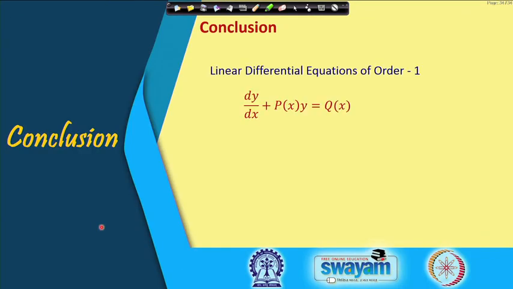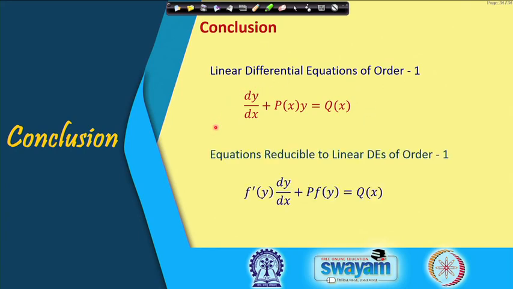So, coming to the conclusion, we have gone through the linear equations of order 1, and the standard form which we have discussed was dy over dx plus p x y is equal to q x. Also we have discussed the equations which are reducible to linear differential equations of order 1, and there we have considered a very general equation where f y is sitting with p and its derivative, if we see it lying here with dy over dx.